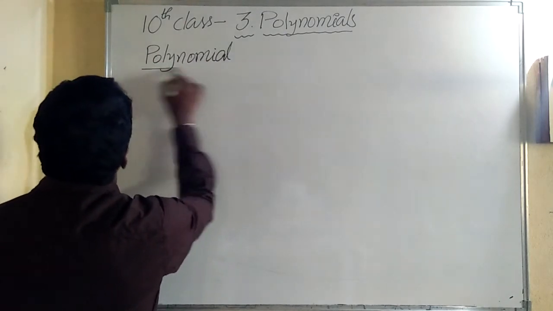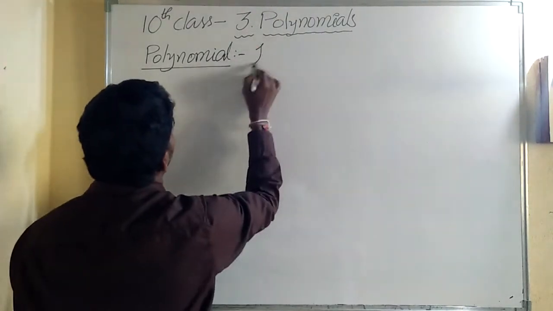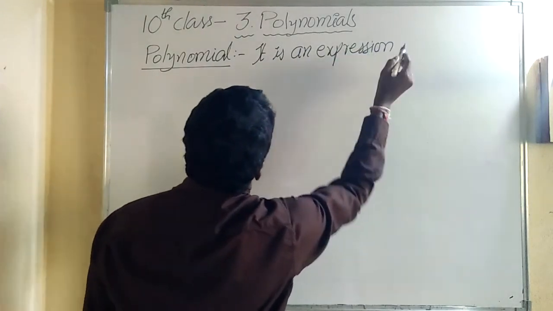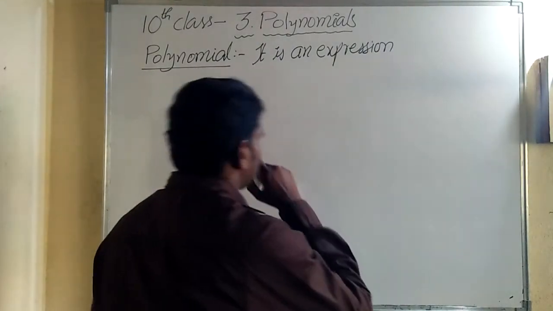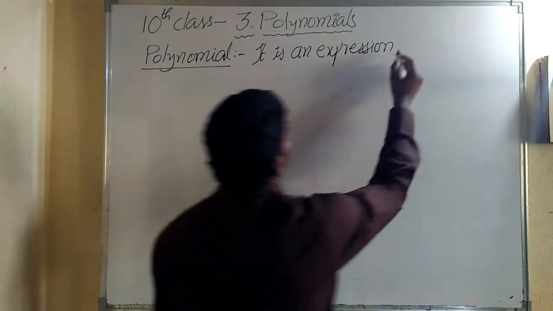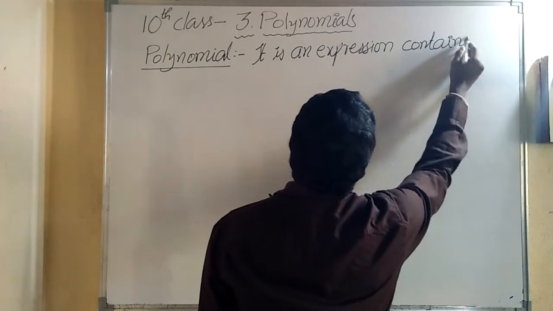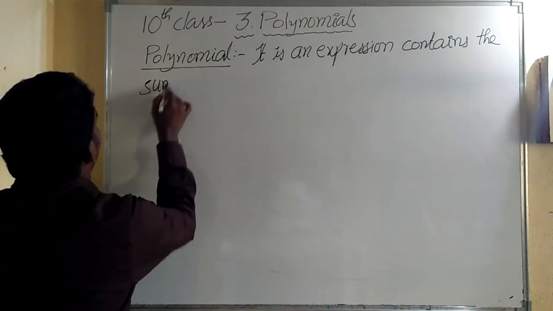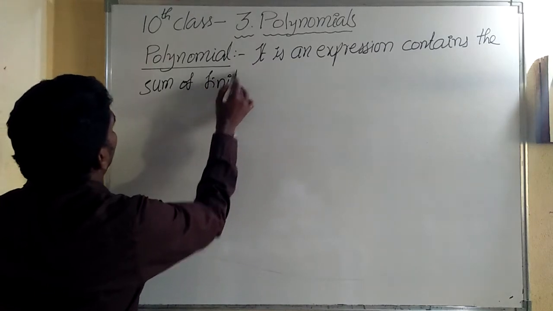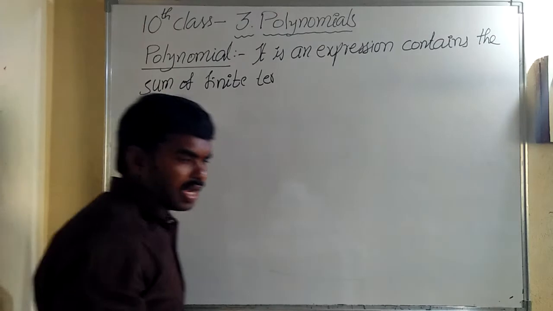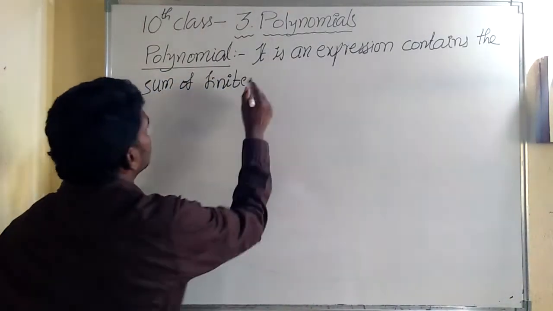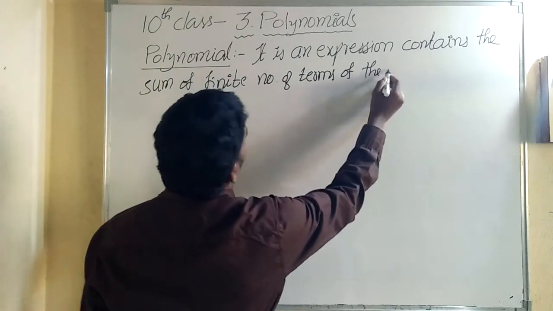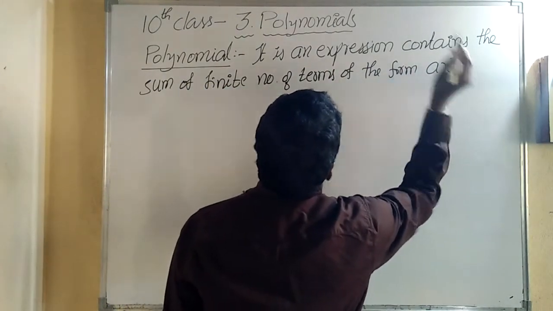A polynomial is an expression. It contains the sum of a finite number of terms of the form ax power n.